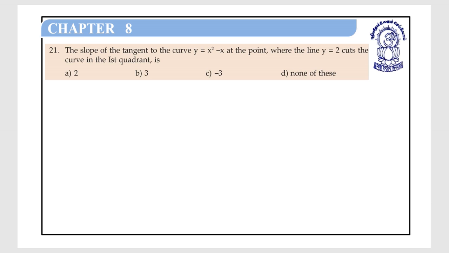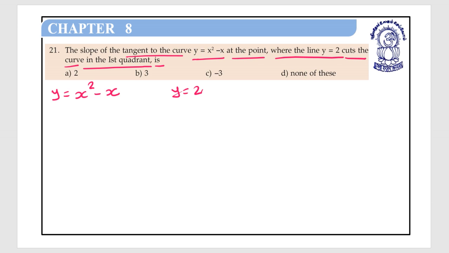Question number 21. The slope of the tangent to the curve y is equal to x square minus x at the point where the line y is equal to 2 cuts the curve in the first quadrant is. Slope of the tangent to the curve y is equal to x square minus x is given.